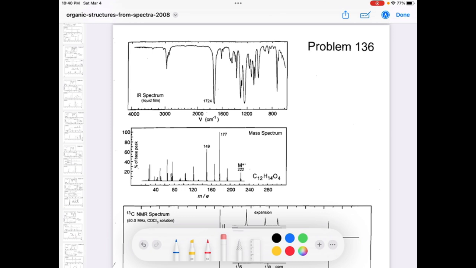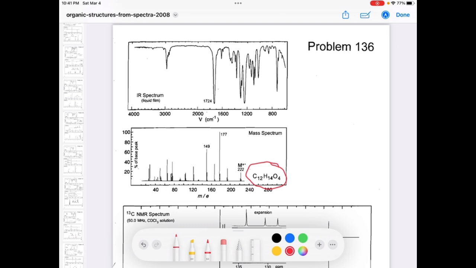So you need to know the molecular formula. Here the molecular formula is given as C12H14O4. Remember one thing: first calculate the solder number.